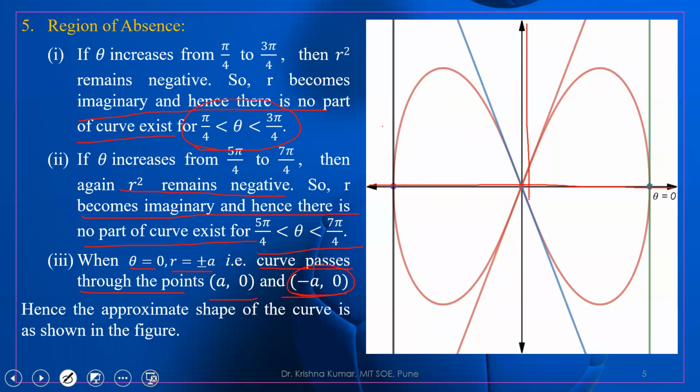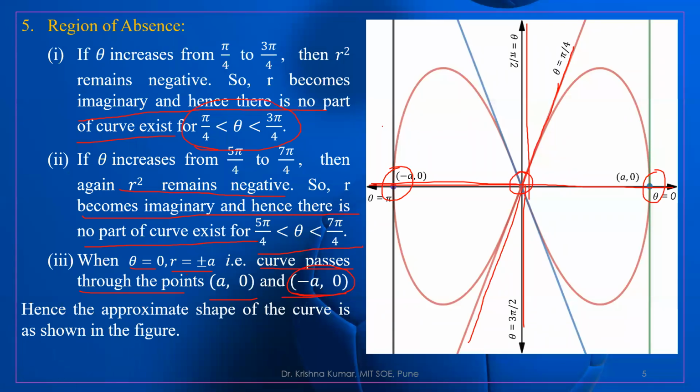This is the line theta equal to pi by 2. This line is theta equal to pi. This is the line theta equal to 3 pi by 2. Correct? Next, this is point (a, 0). This is point (minus a, 0). And again, at pole, how many tangents? This is one tangent.